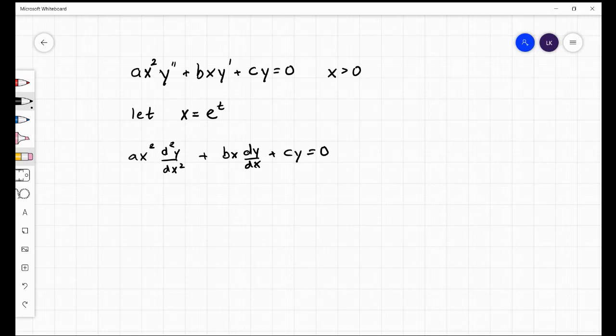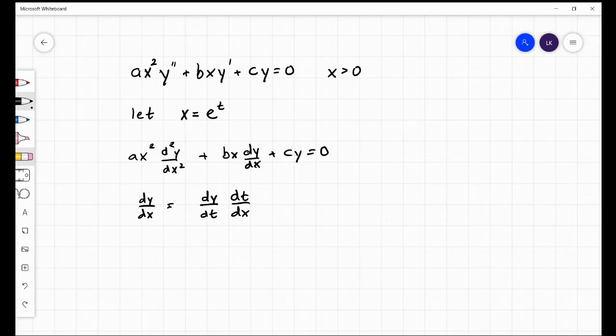So now we're going to need to compute dy dx in terms of dy dt, right? Because we want to introduce the derivatives of y with respect to the new independent variable t. So it's just a matter of chain rule here. So the derivative of y with respect to x is the same as the derivative of y with respect to t times the derivative of t with respect to x.